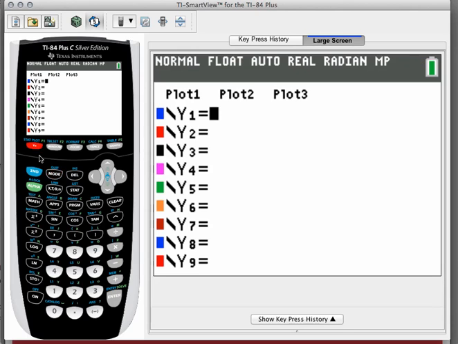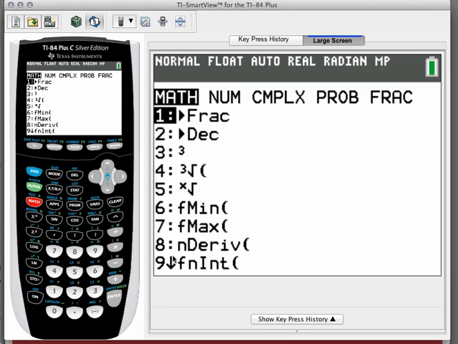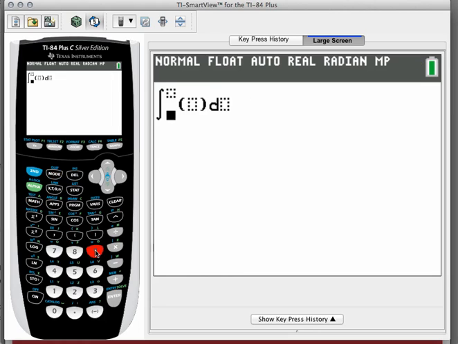Let's go under y equals. Let's put in that 2x plus 1. And if you go back to your quit screen, bring up Math 9. You can either scroll down, arrow down, you'll see it says function integral, or just hit the 9 key. Those of you with the newer operating systems, you will look like this. Again, those of you with the older operating system, yours here will say that function integral, and you'll be prompted with the first parenthesis.